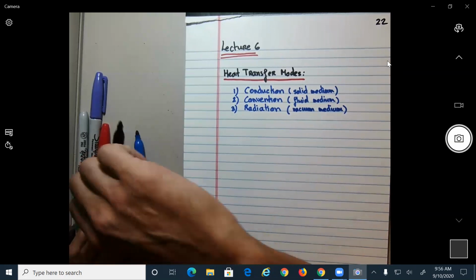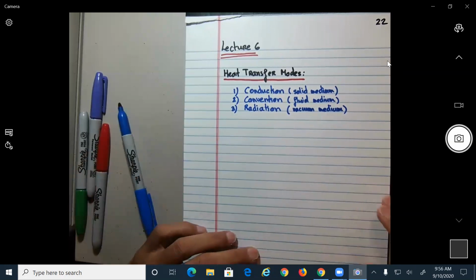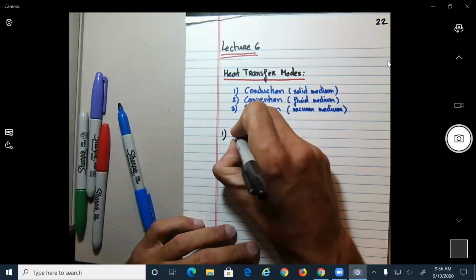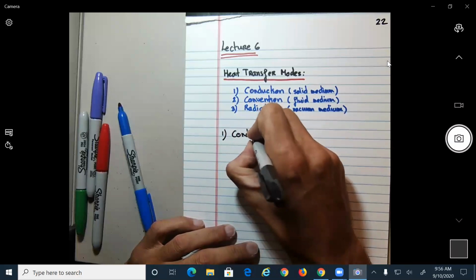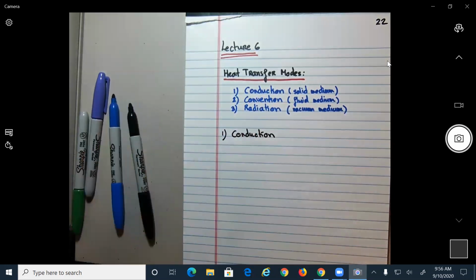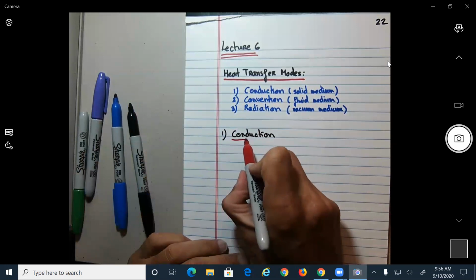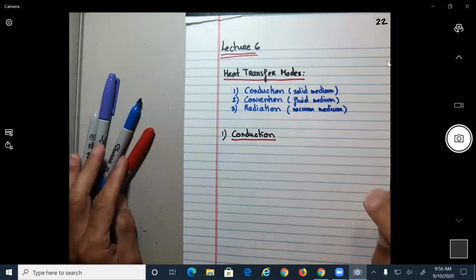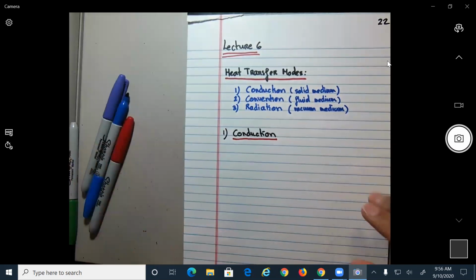Let's start with the first one, conduction, which is the most widely studied and also the easiest one. Conduction. Okay, so conduction, we say, is for solid mediums.